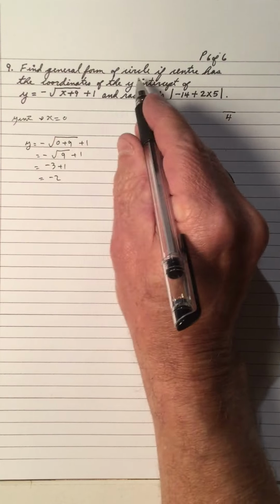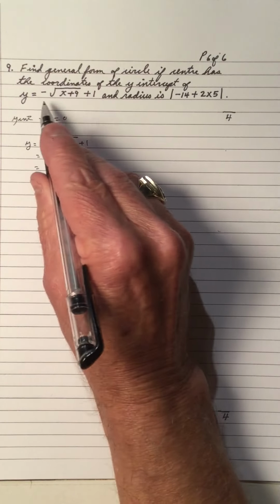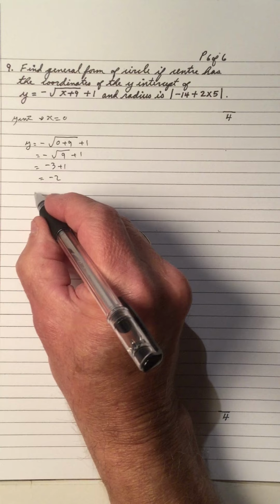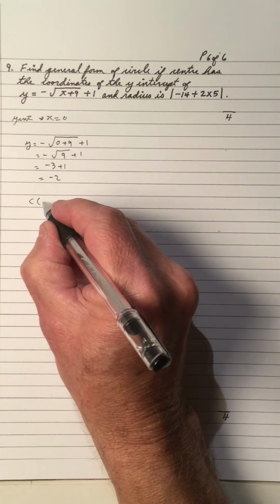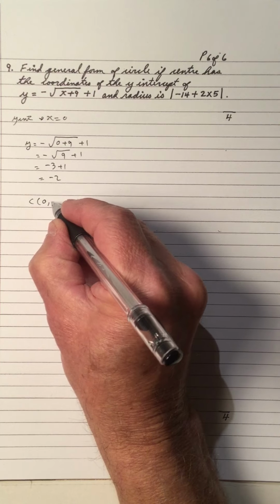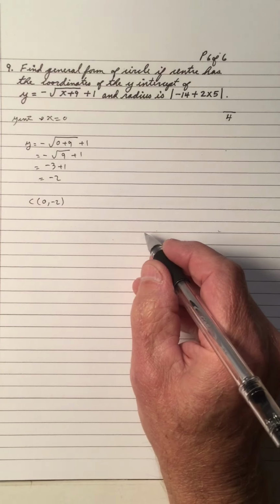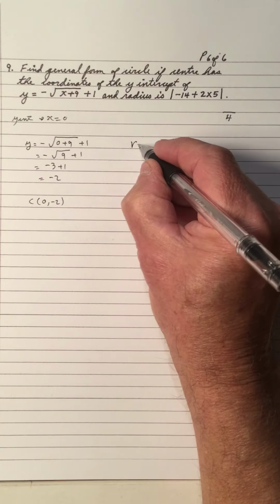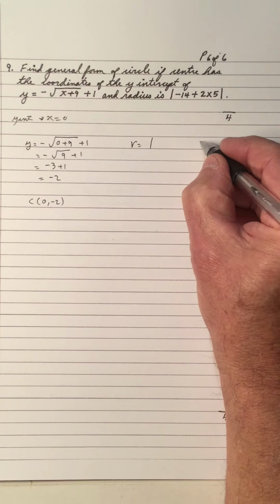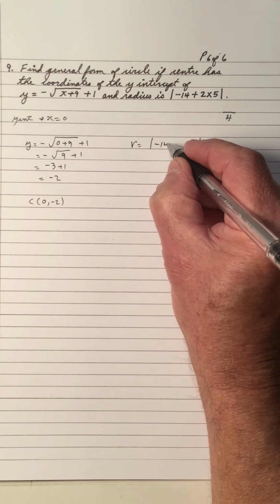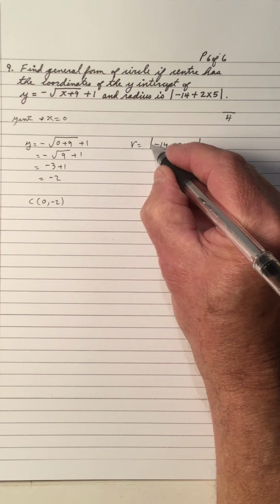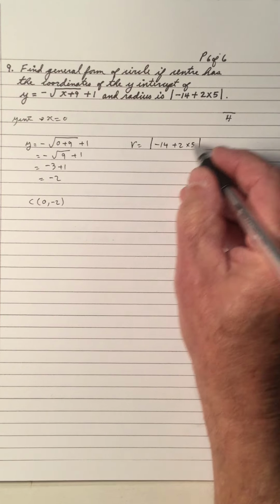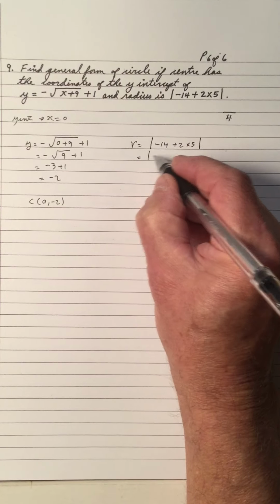So the center is the coordinates of the y-intercept. So the center of this circle is x is 0, y is negative 2. And the radius is equal to the absolute value of this. These two strokes mean absolute value, which we practiced before. So we have to simplify the inside.